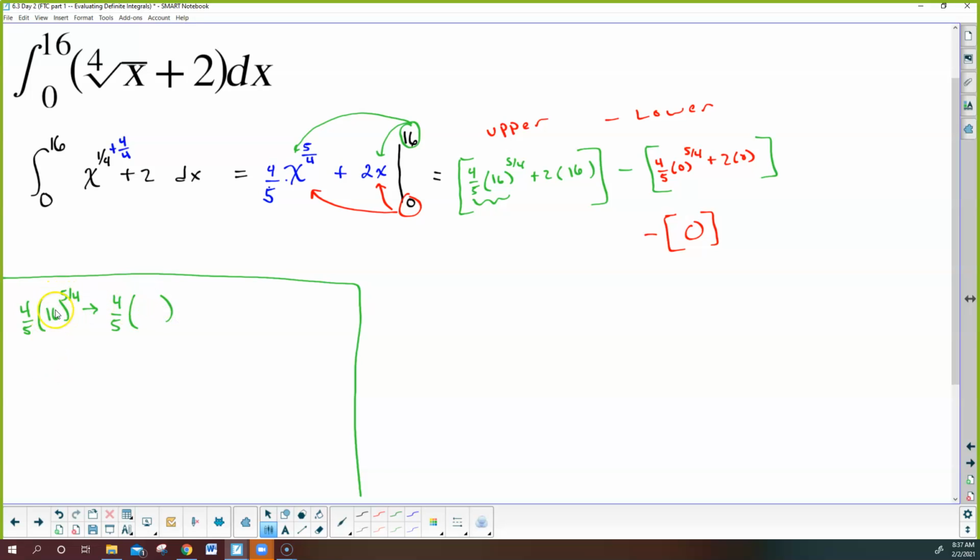I could take 16 to the 5th power and then do the 4th root, which please don't do, because 16 to the 5th power without a calculator would be a nightmare. So I would do this. I would say, let's leave the 1/4 and pull the 5th power out.